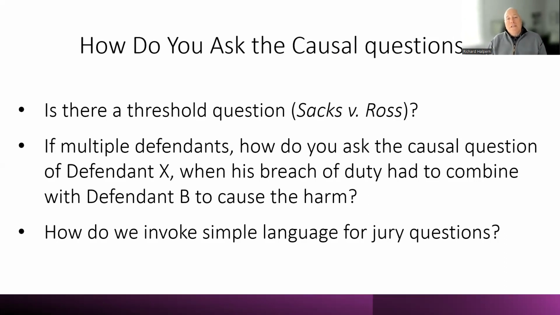So if we ask the but-for question, but for the negligence of Hunter A, would Mr. Lewis's harm have been avoided? The answer is we can't prove that. We don't know, because we don't know which hunter shot Mr. Lewis, and therefore we haven't proved causation against Hunter A. Then if we ask the question of Hunter B, we get the same negative answer, and therefore we find no causation. So we fail to find causation where we know causation exists.